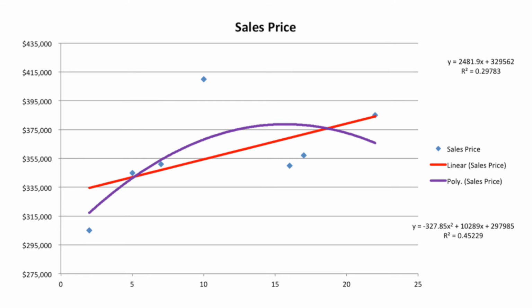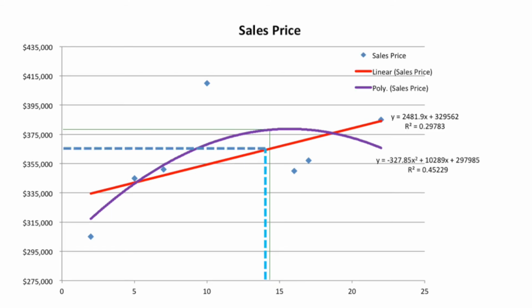So we've got a red line and a purple line, and you say, Tim, that's wonderful. What does that mean to me, a boots on the ground appraiser? Well, we're going to find out. Let's just eyeball this right now.